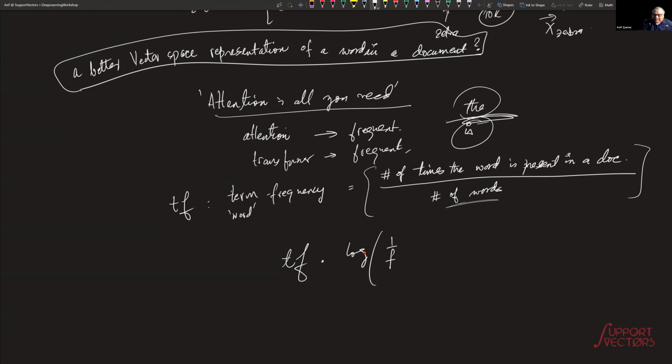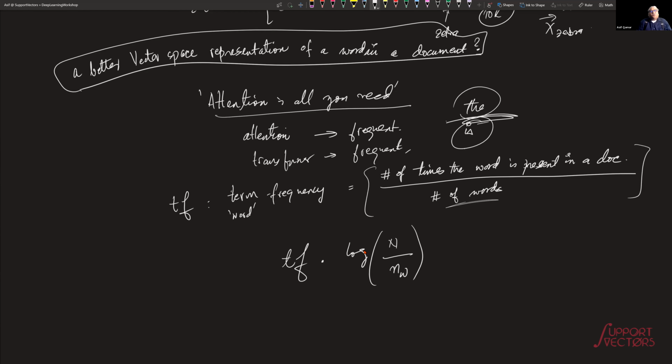But the frequency of what? Of the word. The way you do that is you do it not just across a word in a document, but slightly differently. You say, how many documents are there and how many documents contain the word? So you ask it in a more granular way.